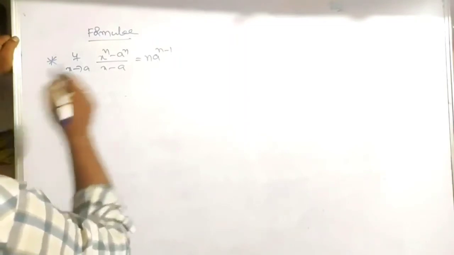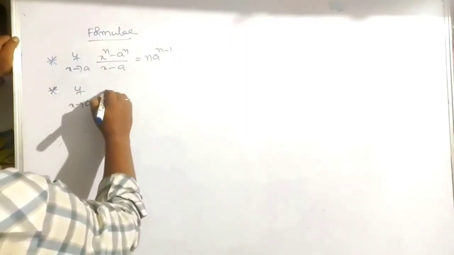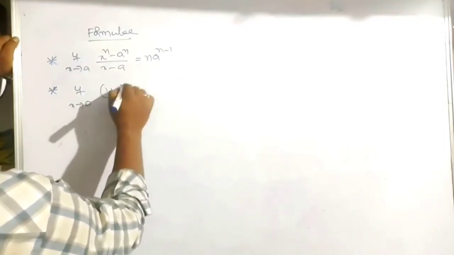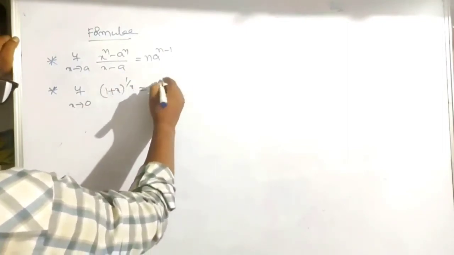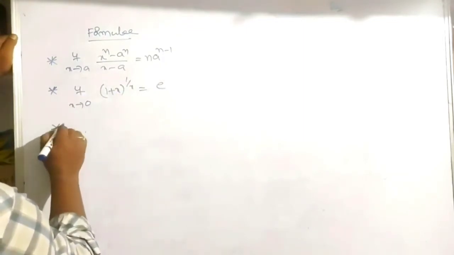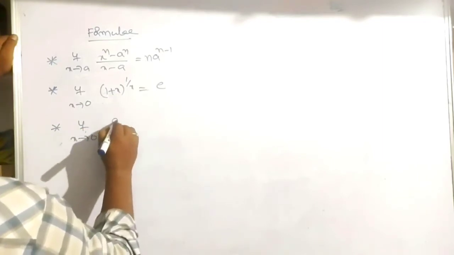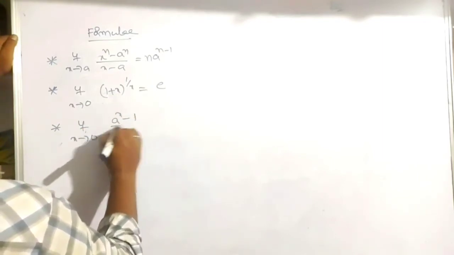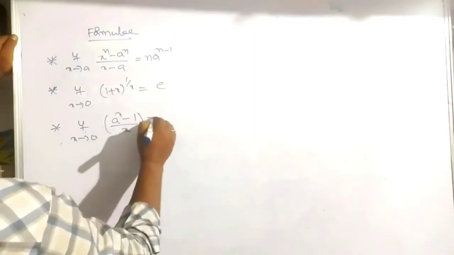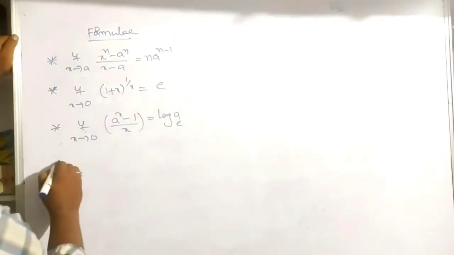Next, limit as x tends to 0 of (1 plus x) whole power 1 by x is equal to e. Next, limit as x tends to 0 of (a^x minus 1) by x is equal to log a base e.